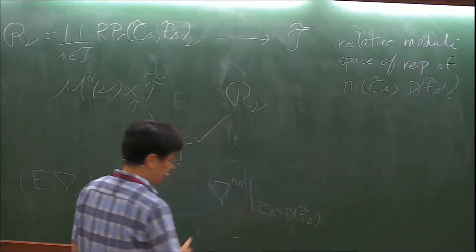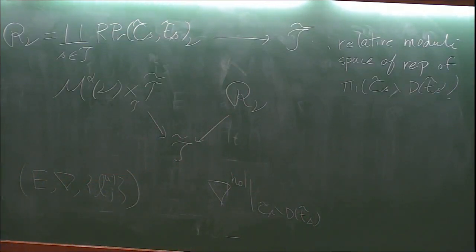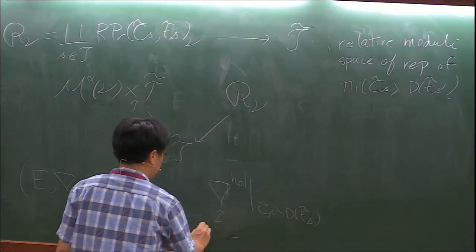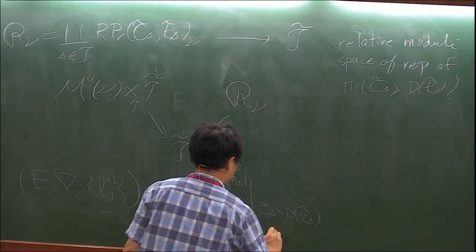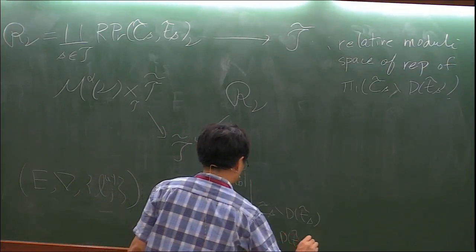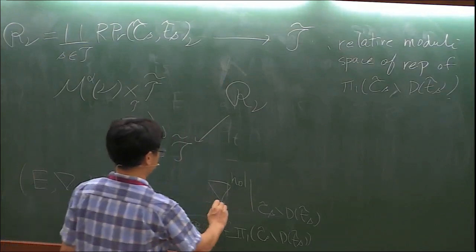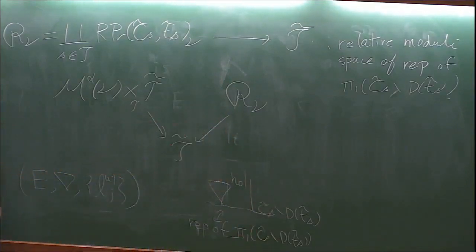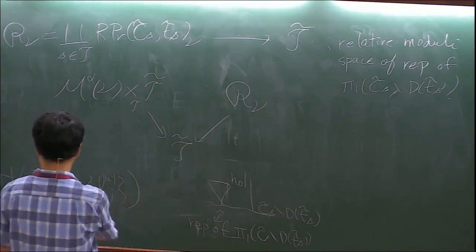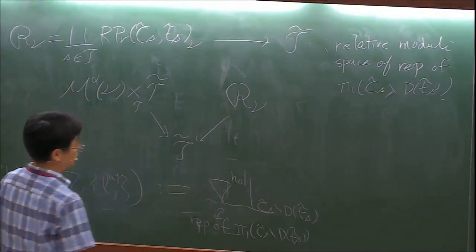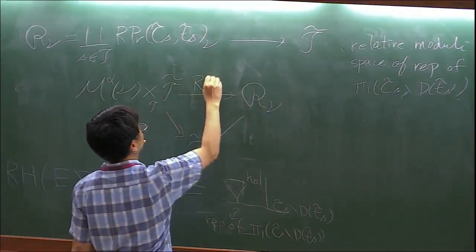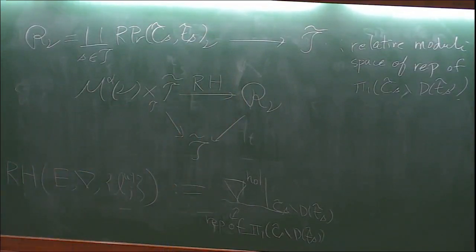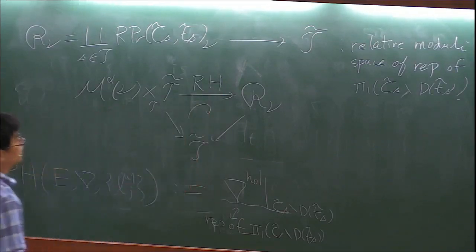This becomes a local system and corresponds to a representation of the fundamental group. So this determines a point in this moduli space. So we define the Riemann-Hilbert image by this representation, and we can define the Riemann-Hilbert morphism by this formula. And this is, of course, commutative.